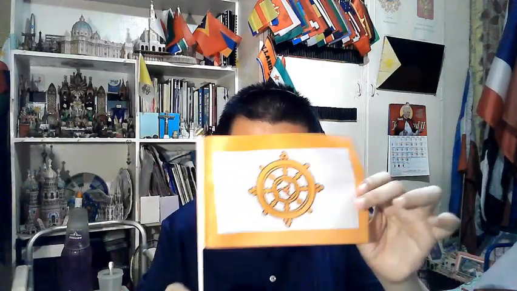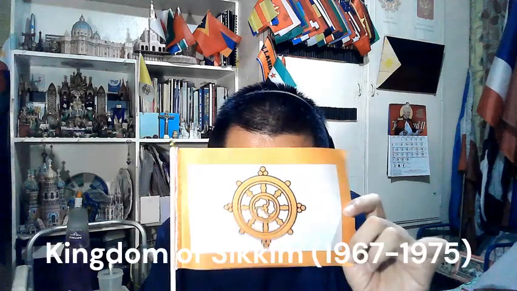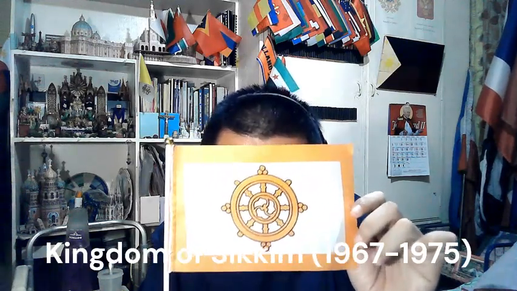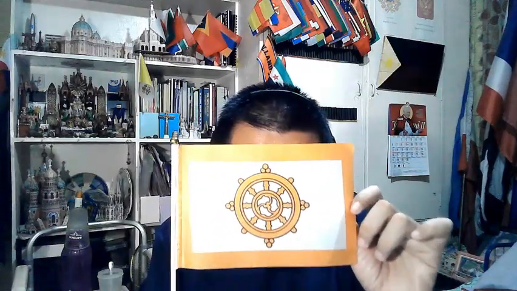The next flag is historical, or considered autonomous. This flag is the Kingdom of Sikkim, which dates from 1967 to 1975, what we know as the Sikkim flag.